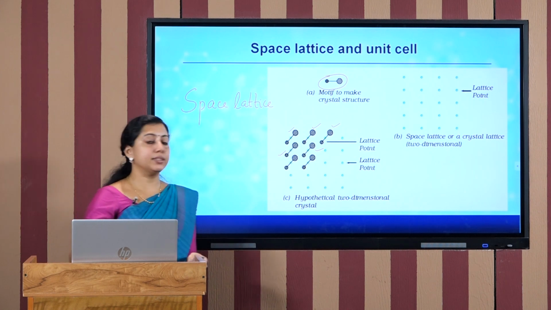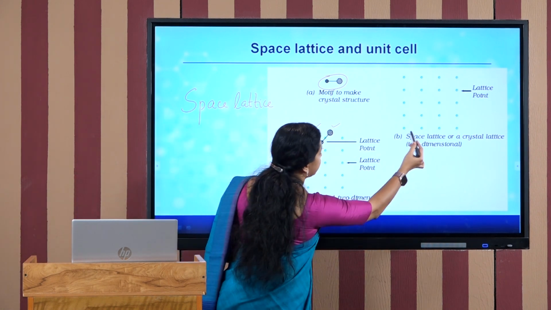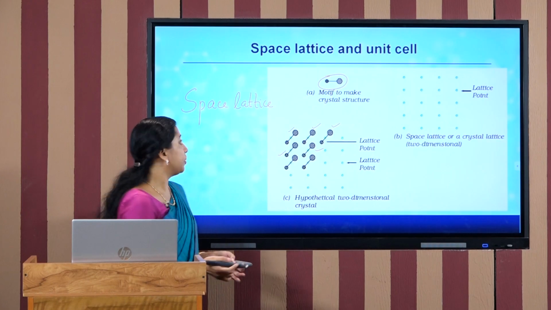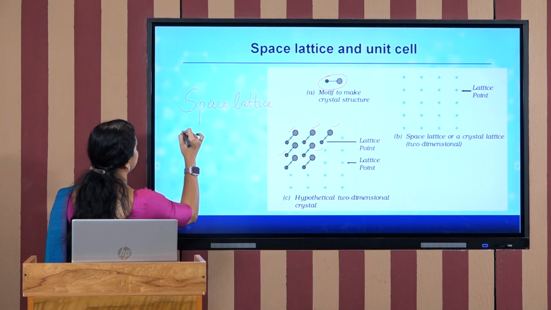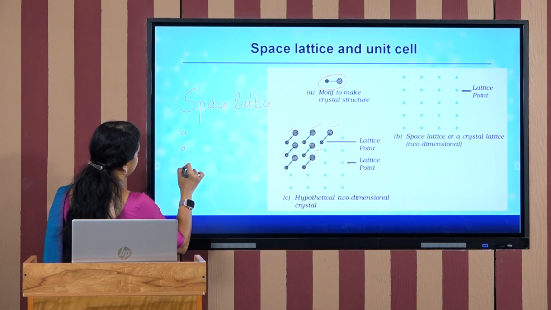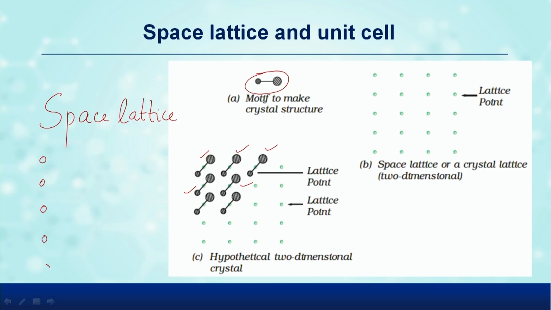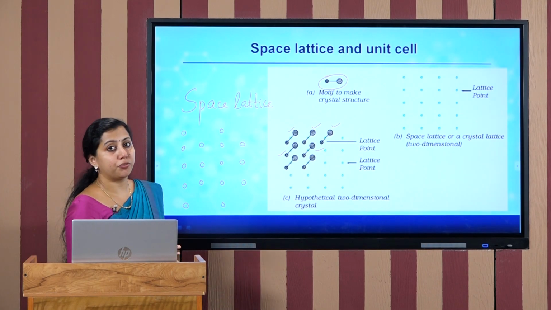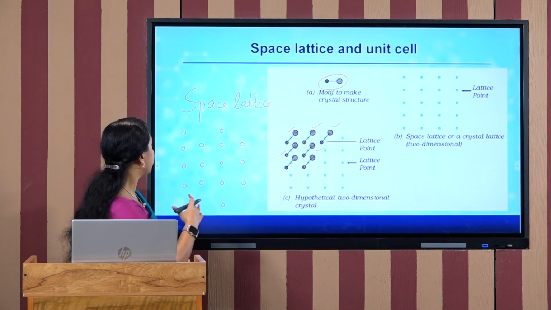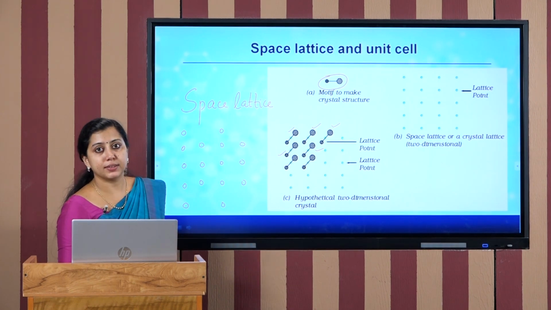The lattice points may not be in this particular pattern. It can be any type of pattern. For example, it can be like this. Okay, so this is another pattern of lattice or a periodic array of lattice points.